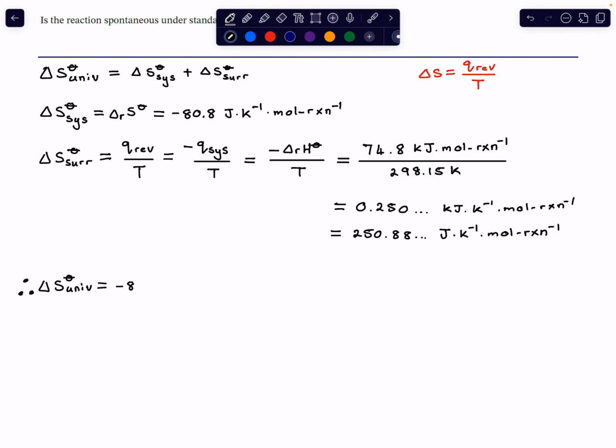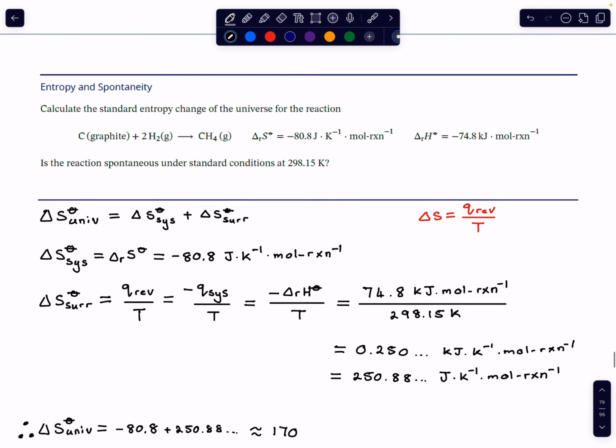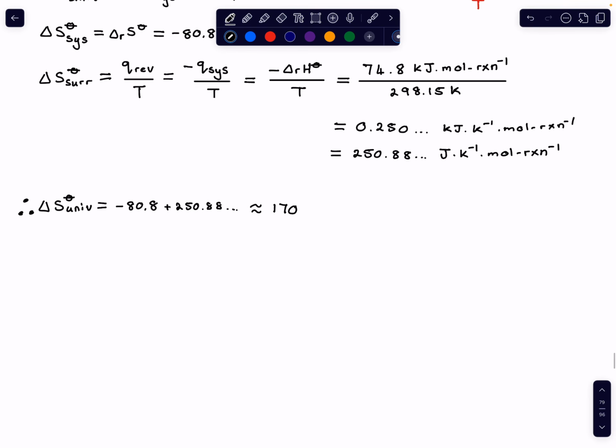That's of course minus 80.8 plus 250.88, and if you round this, so I think it's three significant figures, 170 joule per Kelvin per mole reaction. All right, and this is a positive quantity, right? So it's larger than 0.